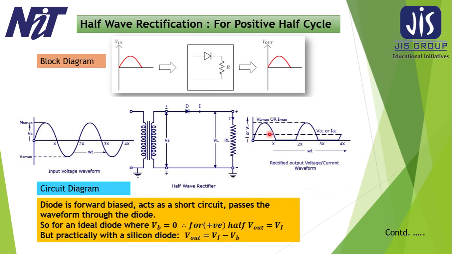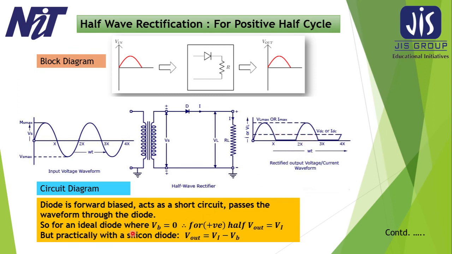Now what it said is that the diode, when forward biased at the positive cycle, acts as a short circuit and passes the waveform through. From here to here the diode acts as a short circuit, so the diode passes all the waveform to the output.